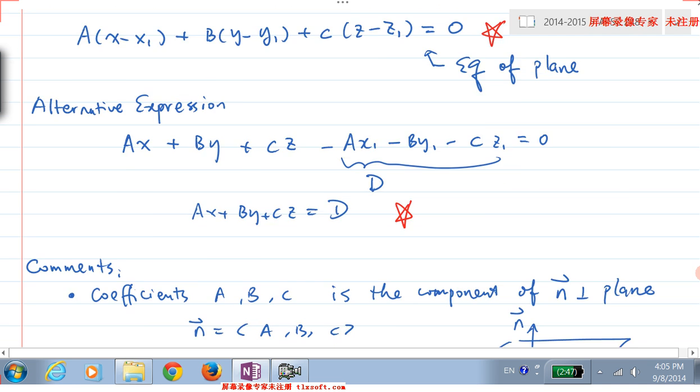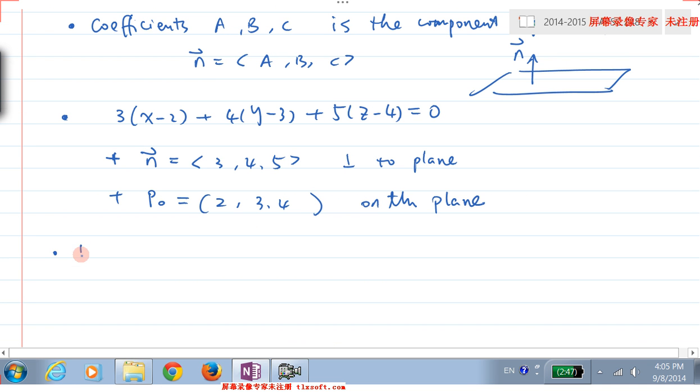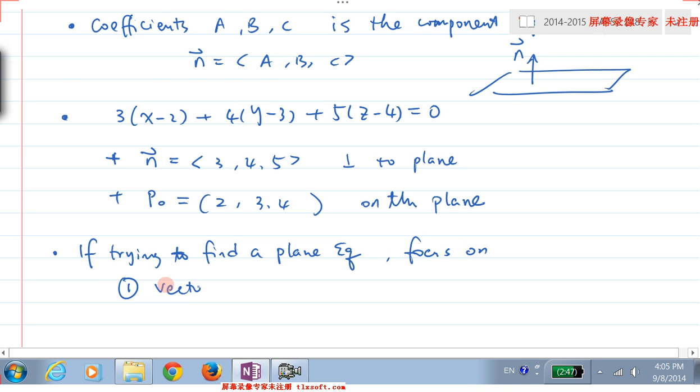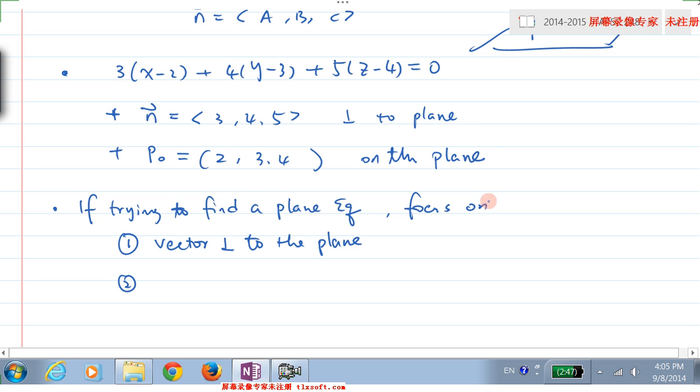So if you're trying to find a plane equation, focus on number one, try to find a vector perpendicular to the plane, and we'll look at the skills of getting that information.